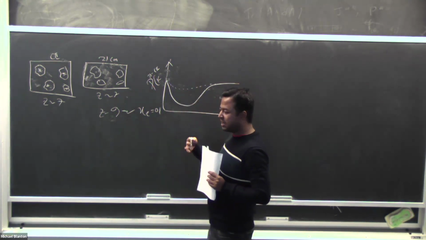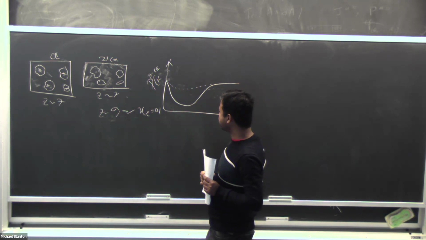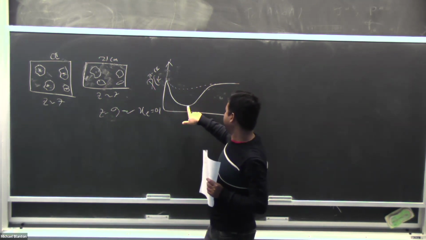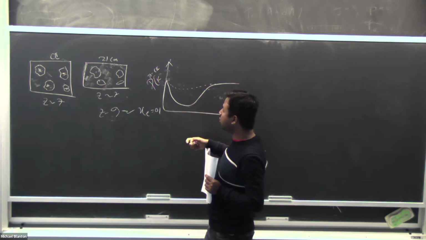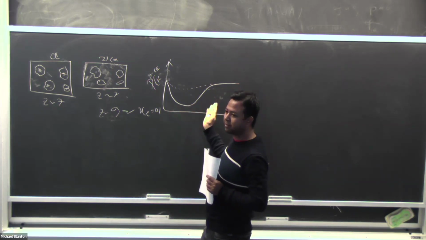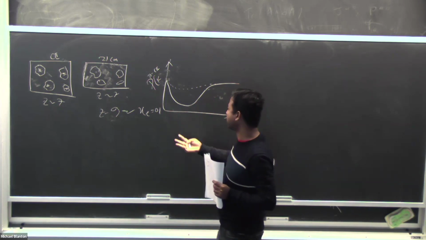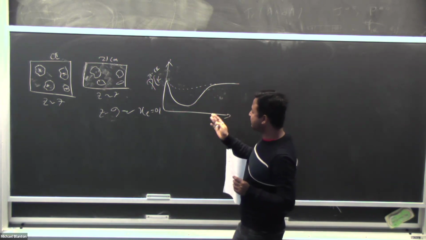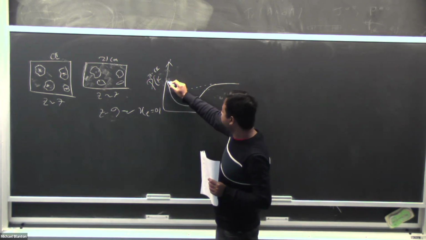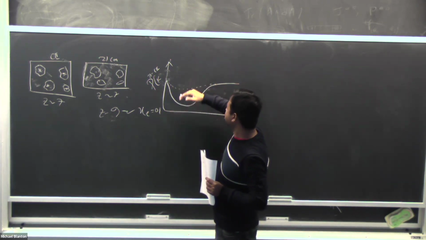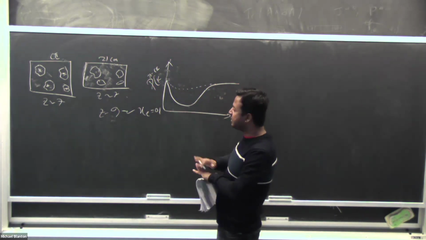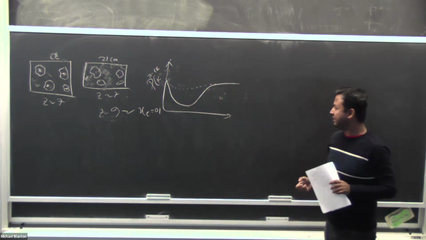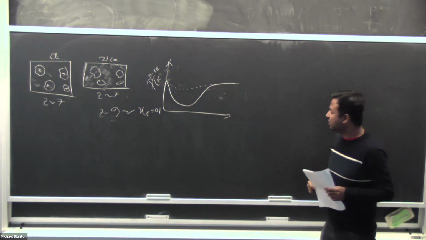But as time passes, the universe becomes more and more ionized, and I'll get the maximum anti-correlation when the universe is half ionized and half neutral, because then the variance of this power spectrum will be the highest. Then as the universe becomes more ionized, this will again go up, and when the universe is completely ionized, the correlation will be 0, because there is no 21 centimeter signal.